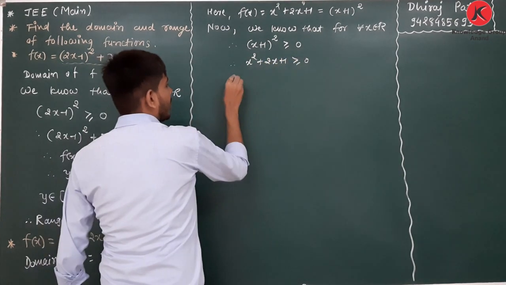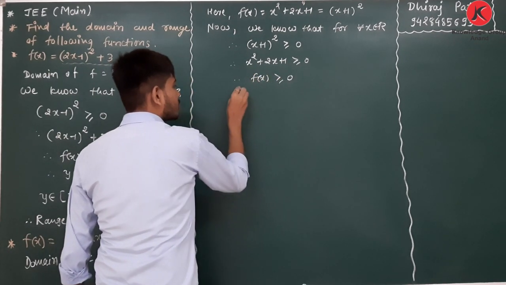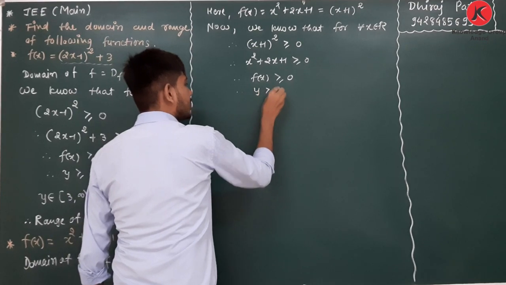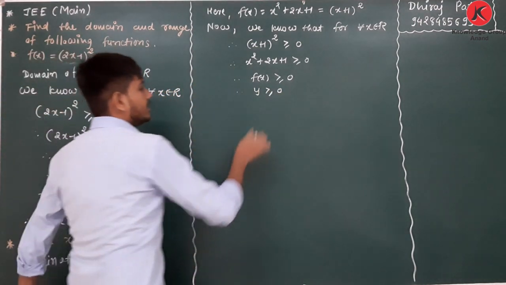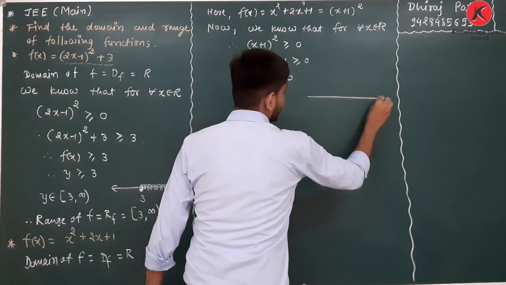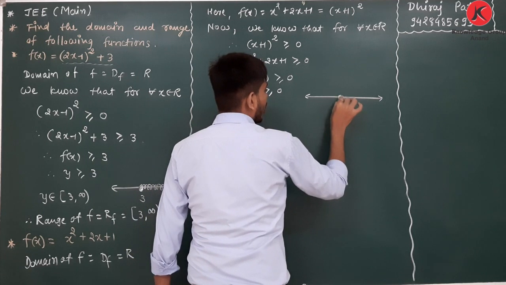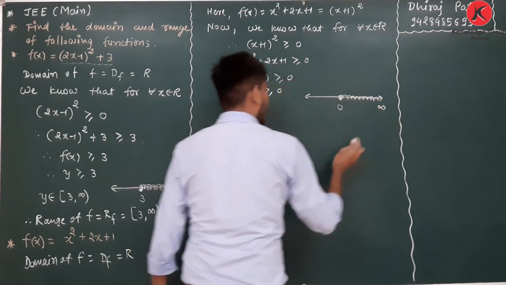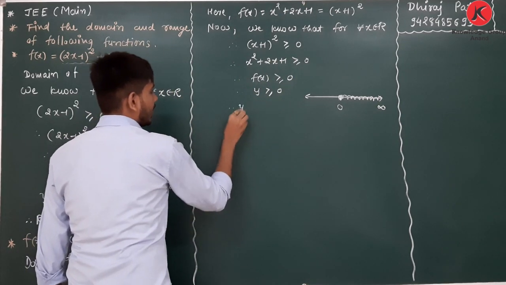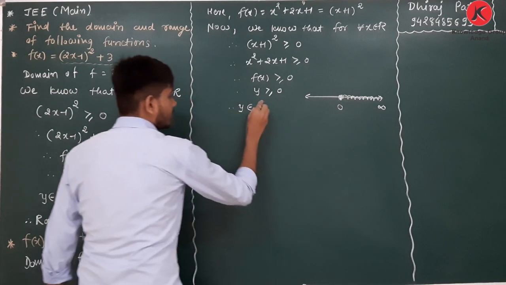And this is our f of x, which is also greater than equals to 0. And આપણે y કહીએ તો બી ચાલે ને ભાઈ, y is greater than equals to 0. And the range of values of y, a set of values of y, 0 or greater than equals to 0 is up to infinite. Therefore we can say that y belongs to 0 to infinite.